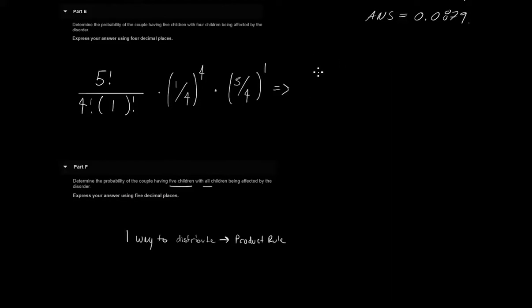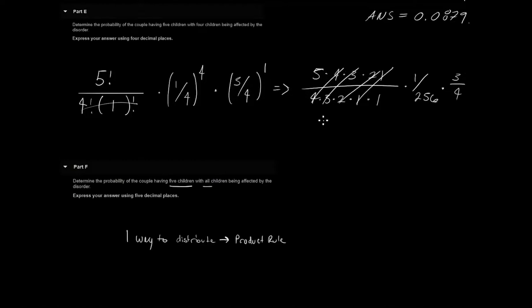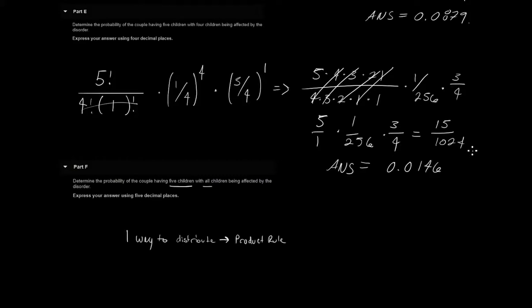Simplifying this, we get a 5 over 1 times 1 over 256 times 3 over 4, 15 over 1024. And when we express this answer to 4 decimal places, it's going to be equal to 0.0146.